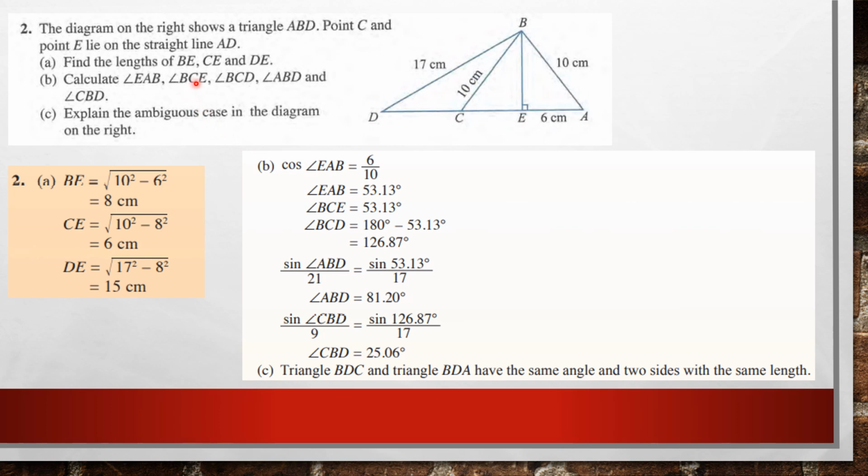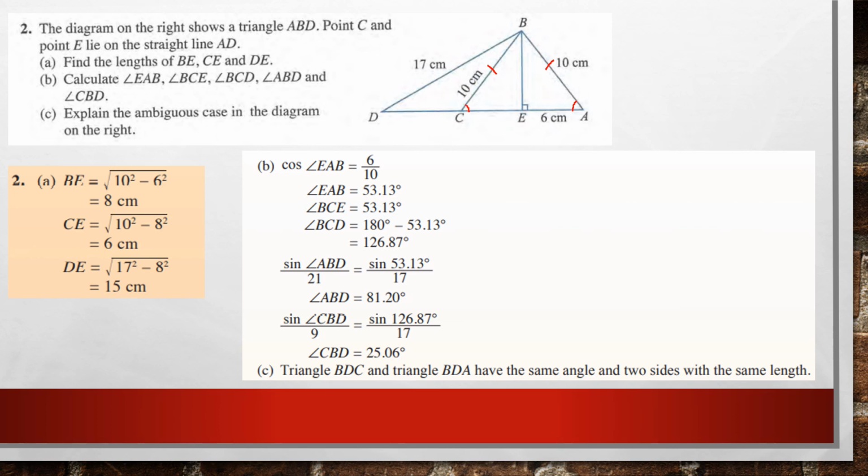Next is angle BCE. You can notice that this BCA is an isosceles triangle. That means these two lengths, BC and AB, have the same length, that is 10. That means angle A and angle C are the same.